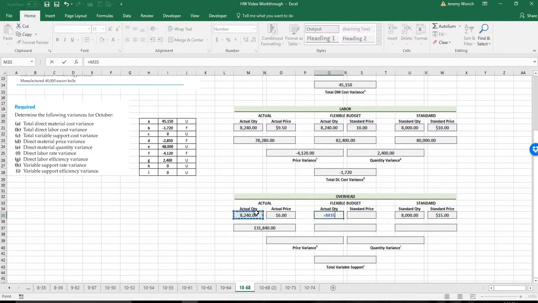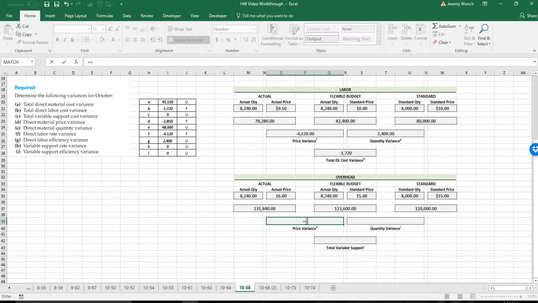Let's go ahead and plug the numbers in for our flexible budget. So we anticipated overhead of 120,000. We actually had 131,000.